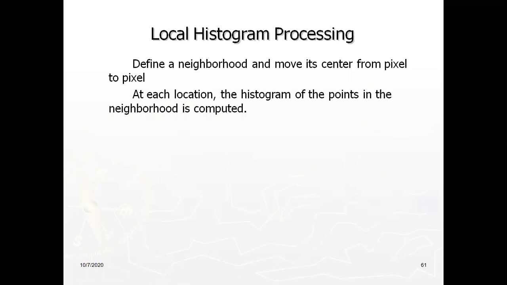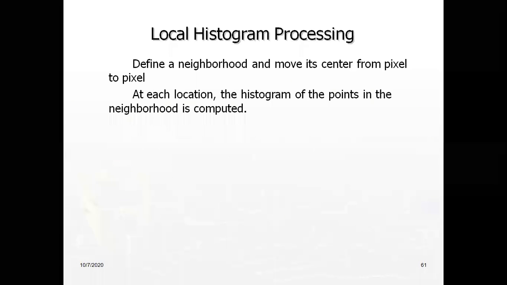The 8 neighborhood corresponds to the 8 plus 1, 9 pixels: you have a pixel, and around that you have 8 pixels. If it is the 24 neighborhood, then it is 1 pixel there and 24 around it. That means it is 5 by 5.